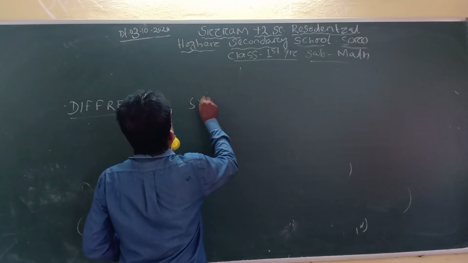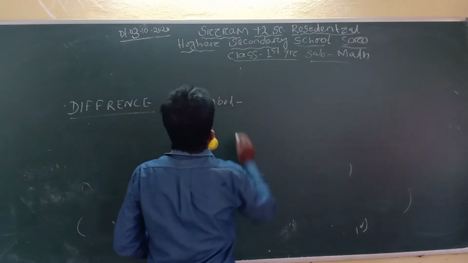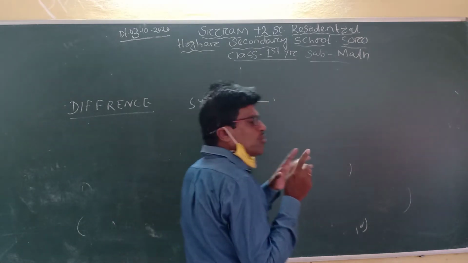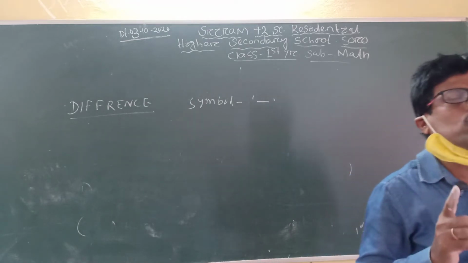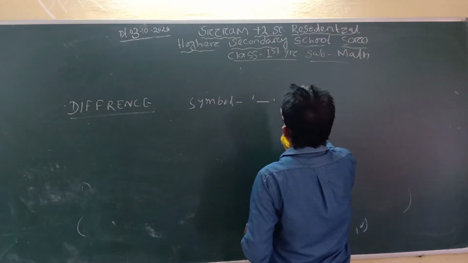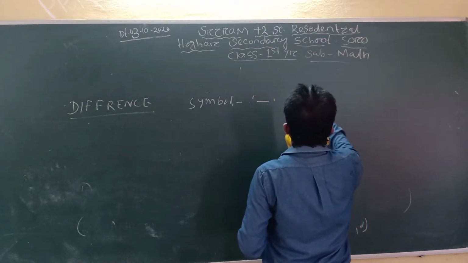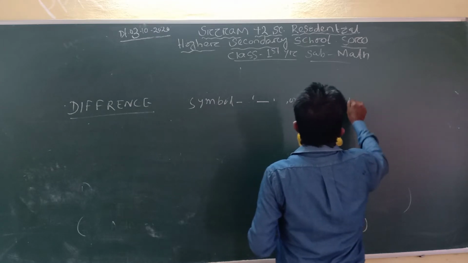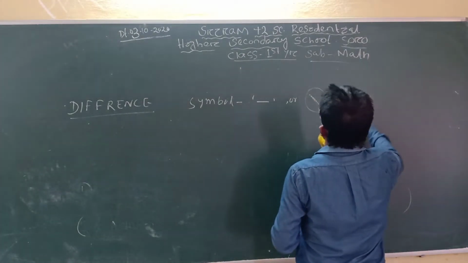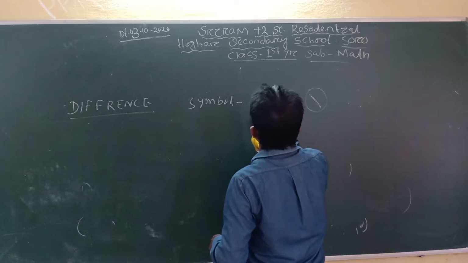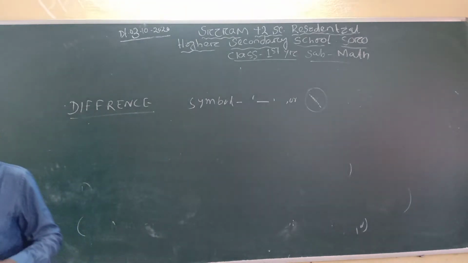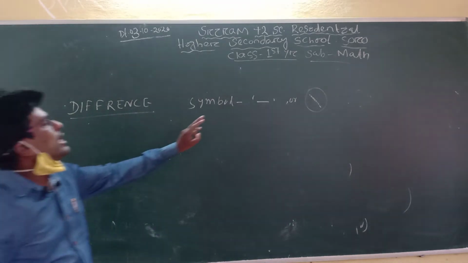Which symbol is used for difference? Especially in your elements books, the subtraction symbol is used. But in some books, another symbol is also used for A difference B. You may face both types of symbols, so you should know both.